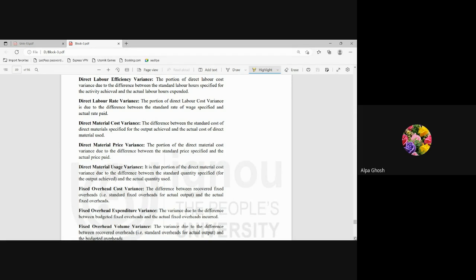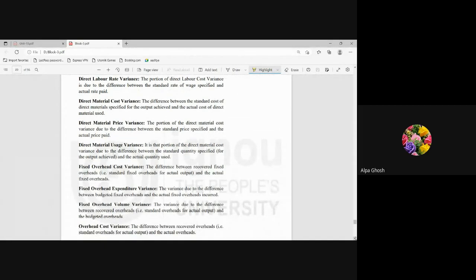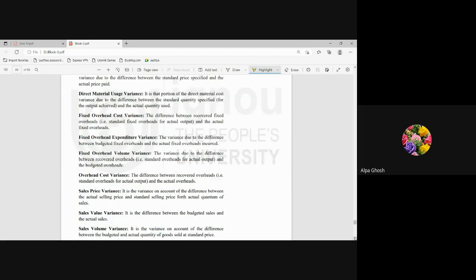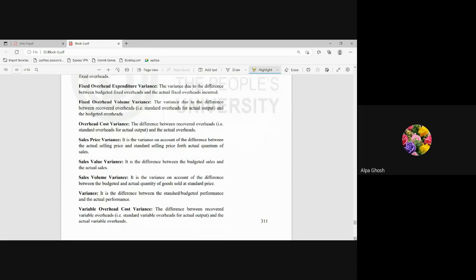Fixed overhead cost variance, it is fixed cost. Fixed overhead expenditure variance, what is the expenditure for fixed overheads. Same way, overhead cost variance, sales price variance, the sales price expectation and the actual sales price that you can get from the market. Sales value variance, sales volume variance: sales value in terms of money, sales volume in terms of quantity, units produced.